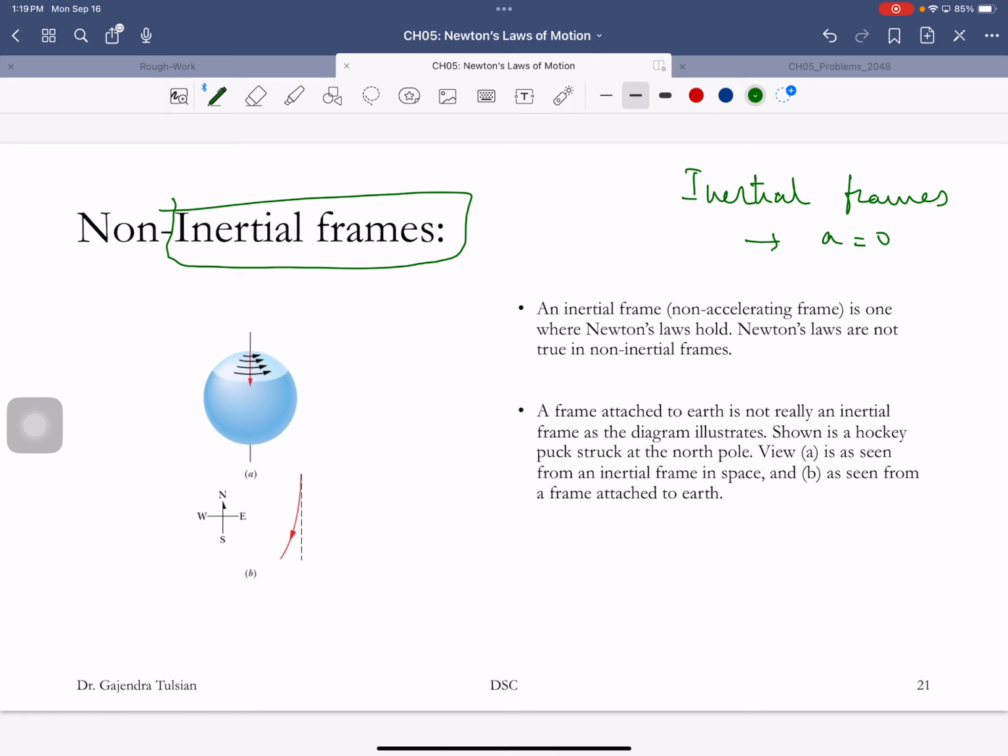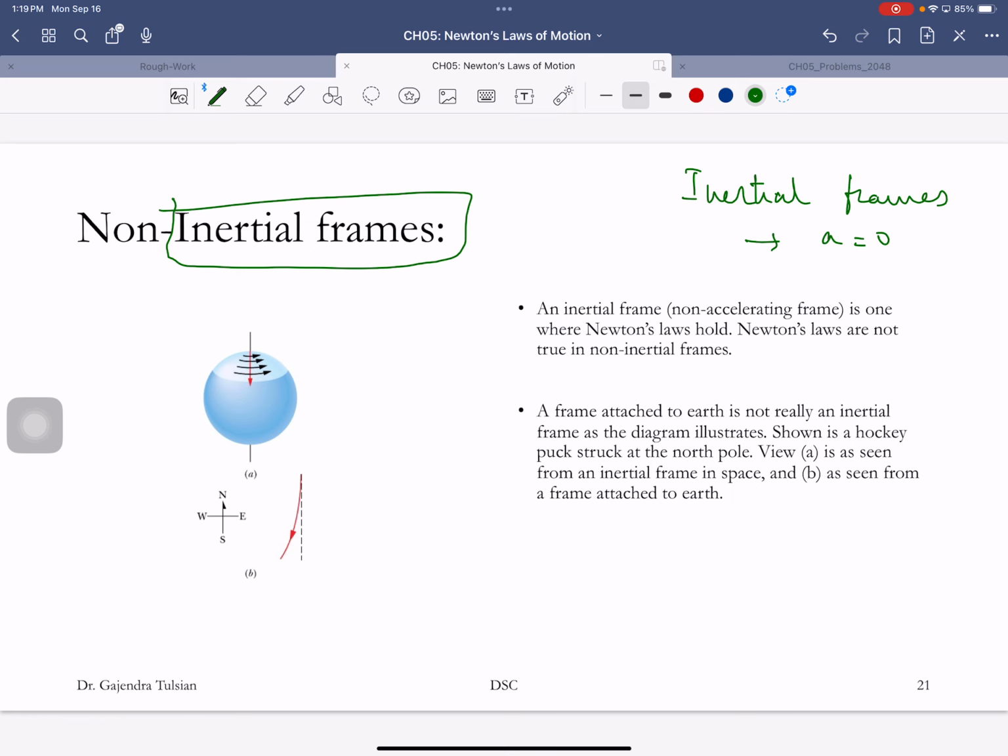And on that time scale, the Earth was at rest. But if you look at a phenomenon that happens over a time frame of, let's say, 2 hours, over that time frame, the Earth spins considerably. Each hour it's spinning 15 degrees, so 30 degrees it's spinning. Okay? So over that time scale, that's a non-inertial frame of reference.